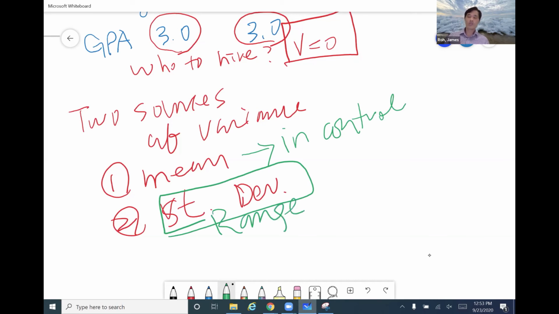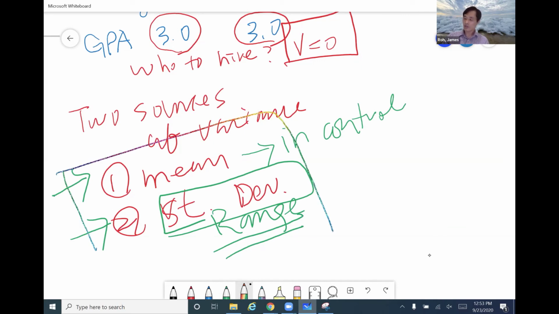So when you are looking at a process, you have to check not only the mean, but also the range together. Then you can say, oh, this process is in control or is not in control. That can be analyzed only if you check both mean and range together. That's what I'm trying to say here.